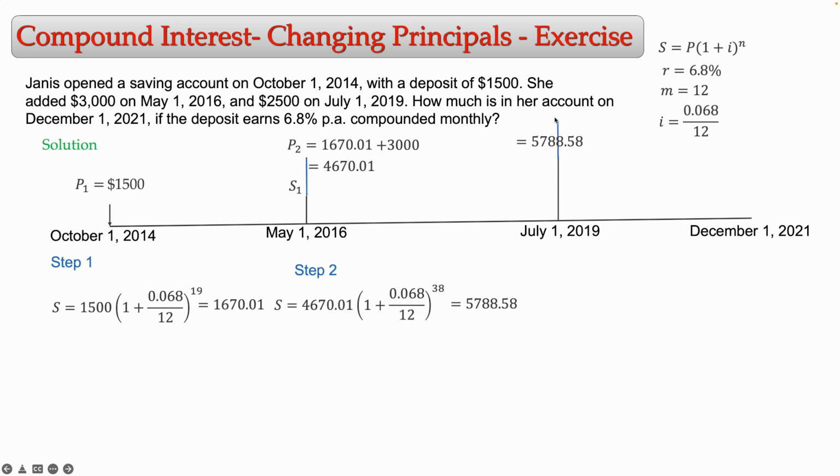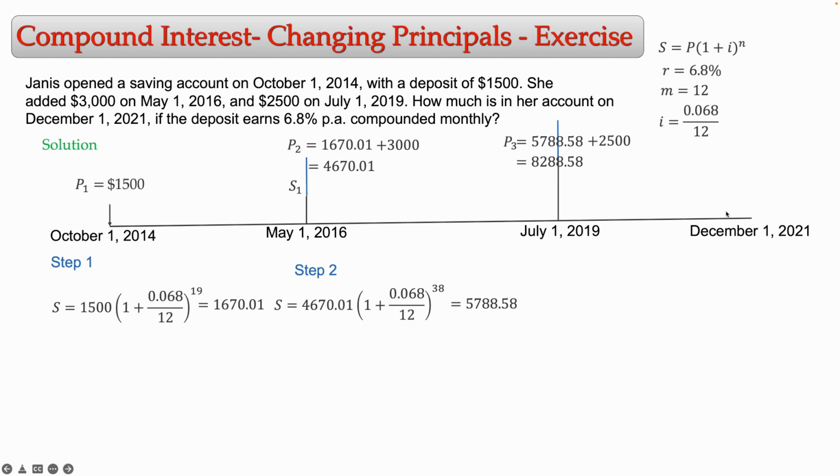So we are going to add an amount. The principal that day, let's call it the third principal, or P3, will be that plus the 2,500 that I deposited. And this gives me $8,288.58 that I'm going to use as a principal for the next period.